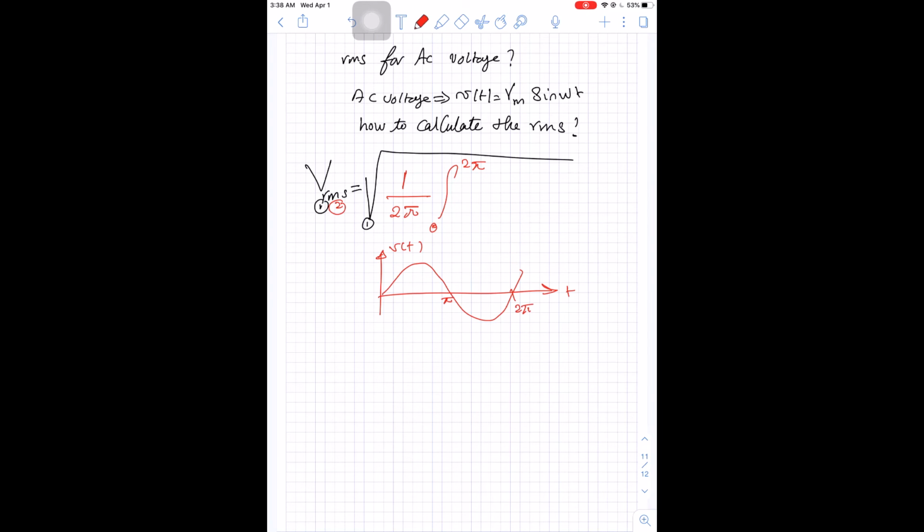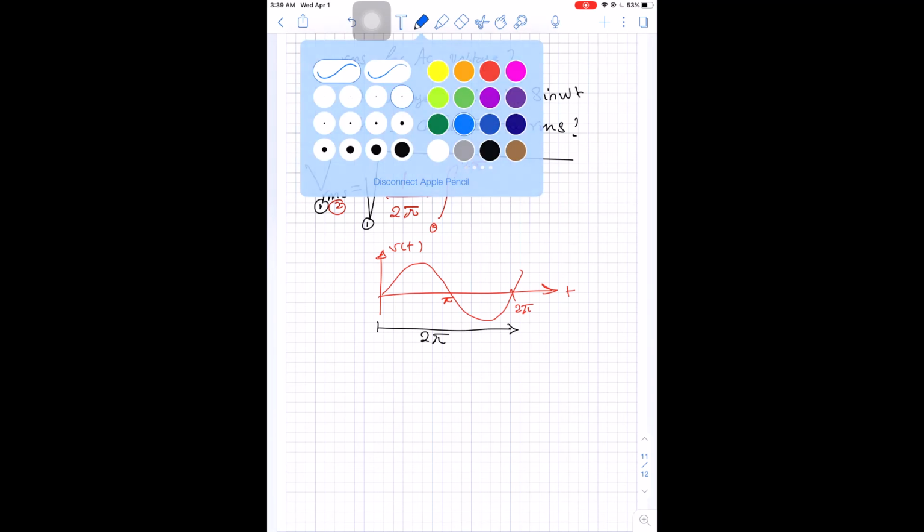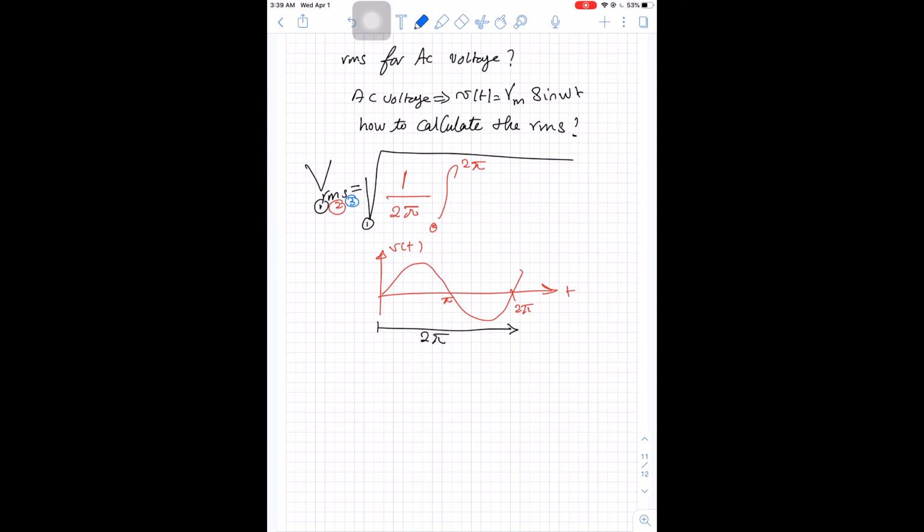So the duration we are integrating over is 2 pi. So the mean will be 1 over the duration 2 pi multiplied by the integration from 0 to 2 pi. And the third step here is to square the function. So we take this function and square it, and it will be V max squared sine squared omega t.